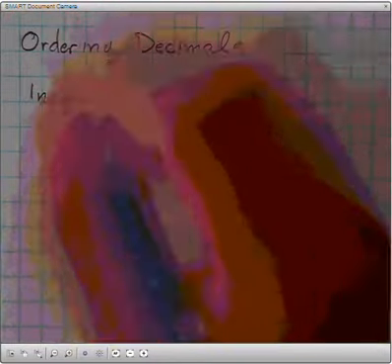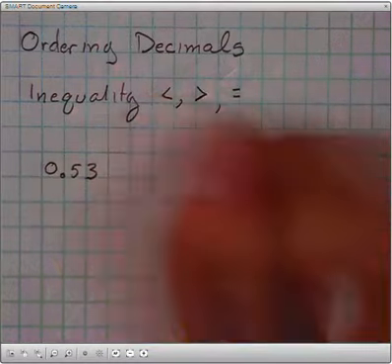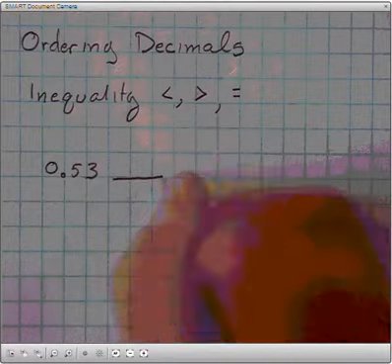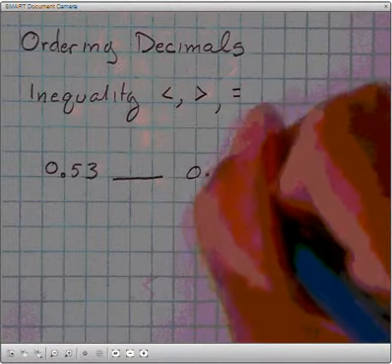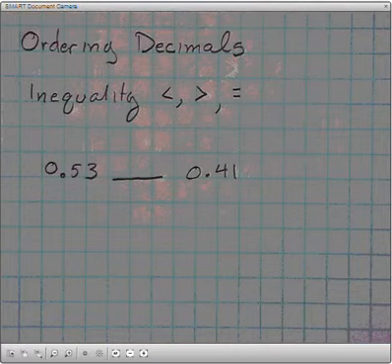Let's look at a few examples. So if I've got 5300ths and I want to compare that to 4100ths, I can use an inequality to describe them and compare them.